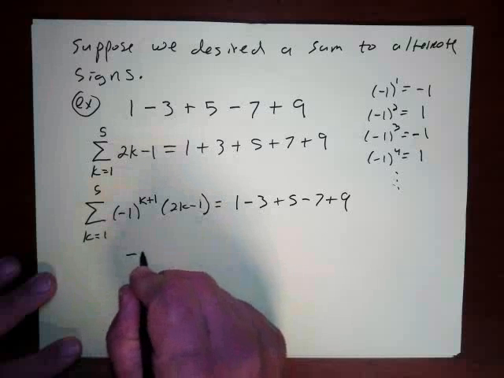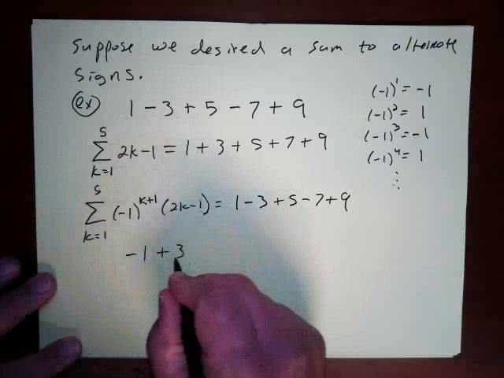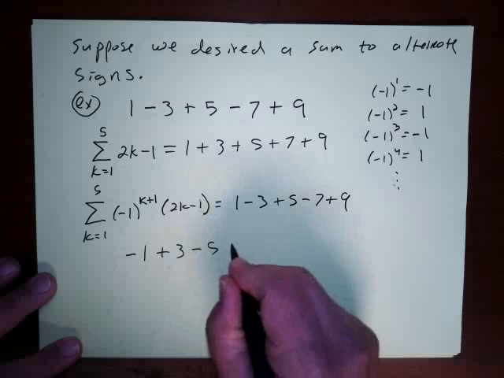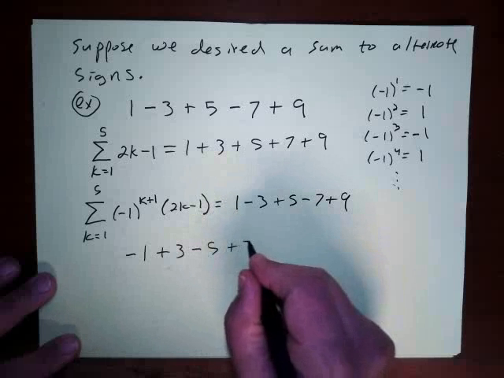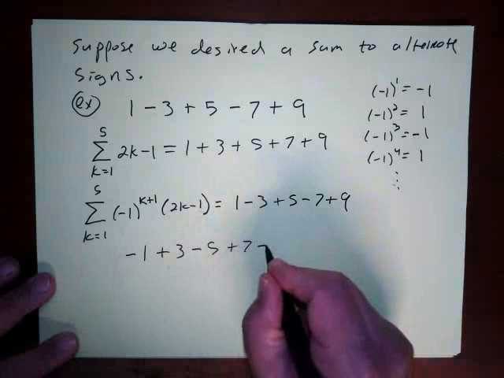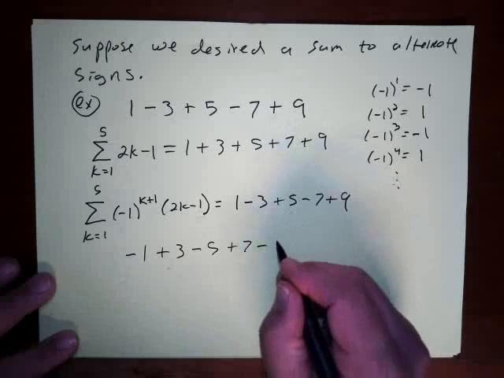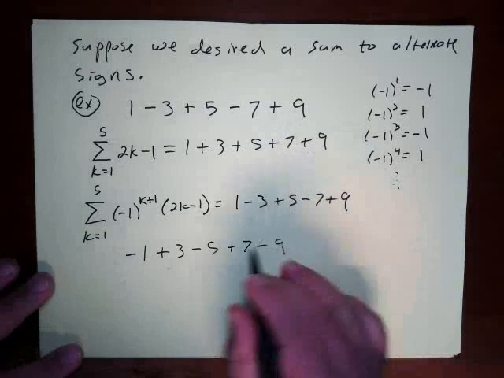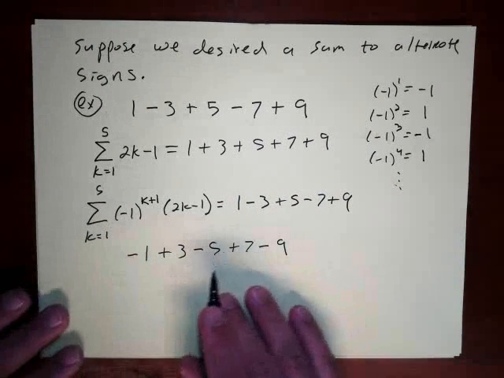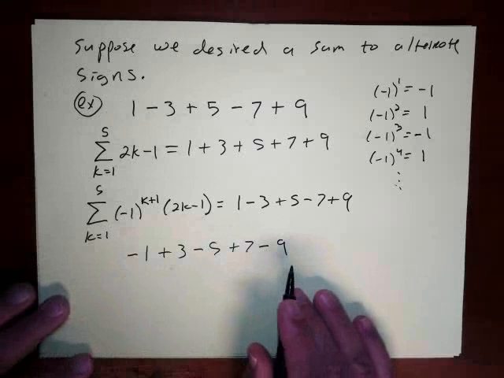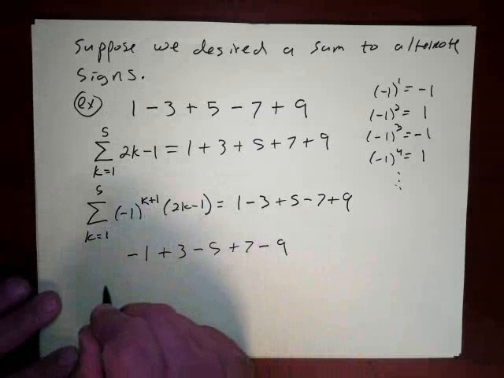So in other words, let's say I wanted to do this: negative 1 plus 3 minus 5 plus 7 minus 9. So let's say I wanted it to alternate that way.